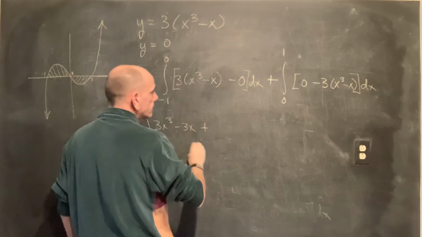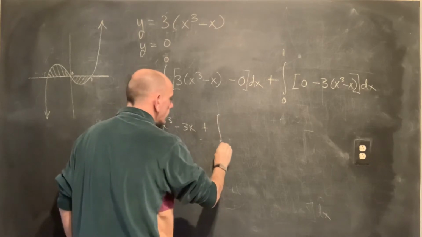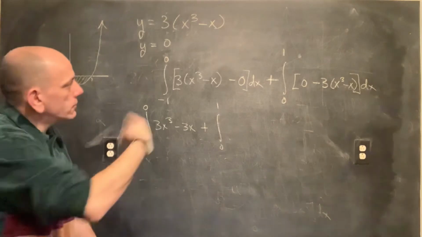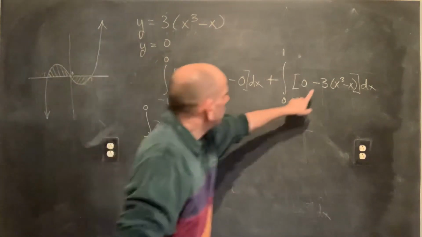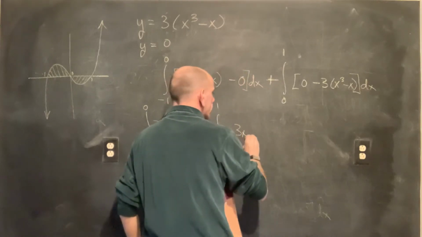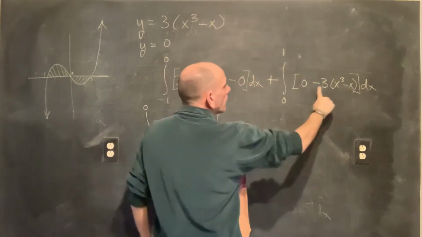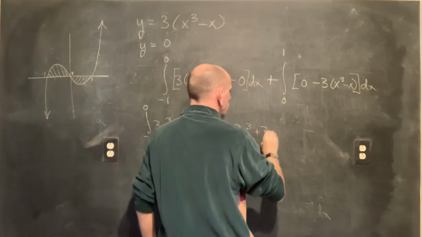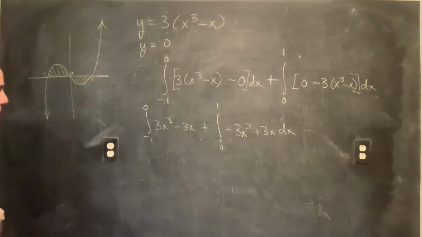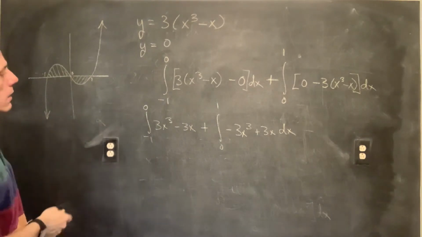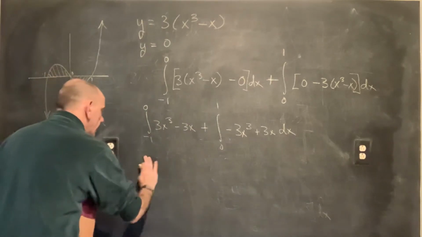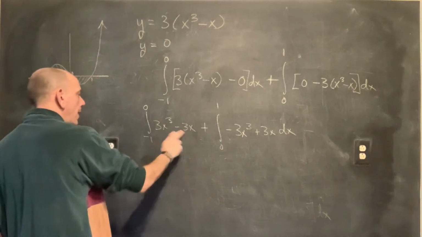Okay, plus the integral from 0 to 1. Now, everything's just going to flip, right? It'll be negative 3x cubed plus 3x dx. Okay, so let's see. Here, these are straight power rules.